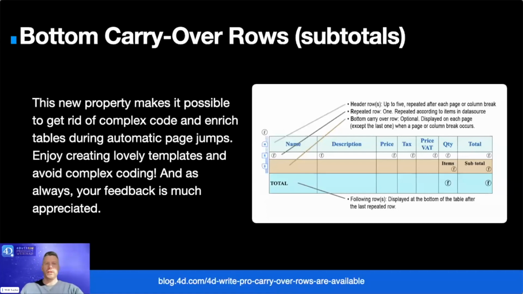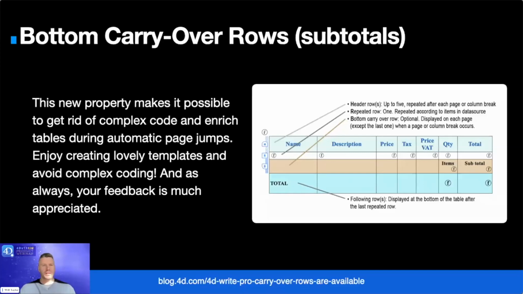So 4D v19 R7 allows for the inserting of a subtotal line at the bottom of each part of a respective table that can be filled automatically, which was a 19 R6 feature. And this can be done through both interfaces, either the toolbar interface or the sidebar interface, the table menu, the properties menu, bottom carryover row, or by programming, thanks to the new attribute WK BOTTOM CARRYOVER ROW.